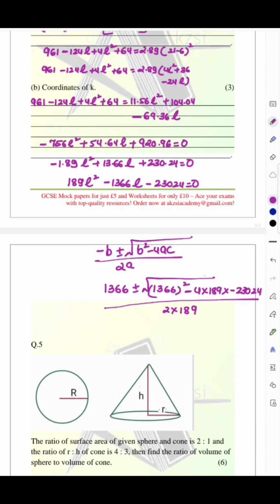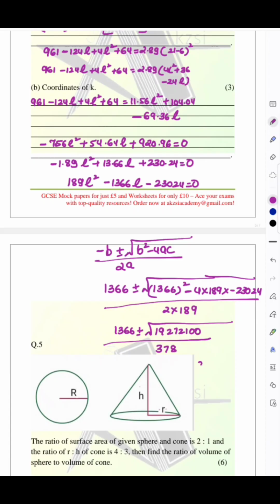Now let me solve this whole thing inside the root, and it's pretty big. Inside the root you'll get 19272100, and the denominator will be 2 times 189, which is 378.